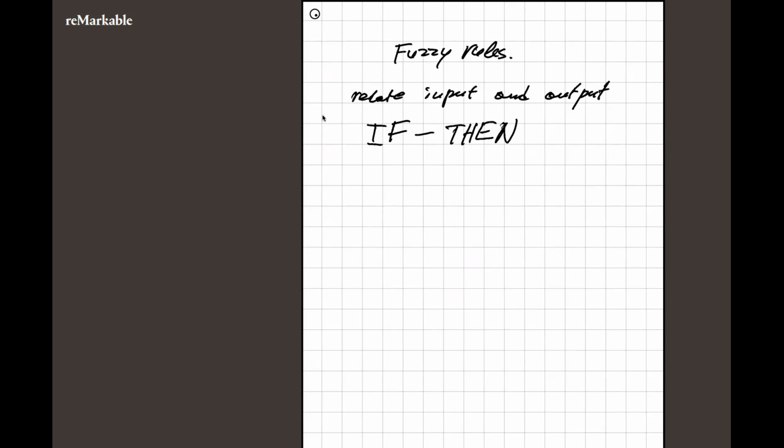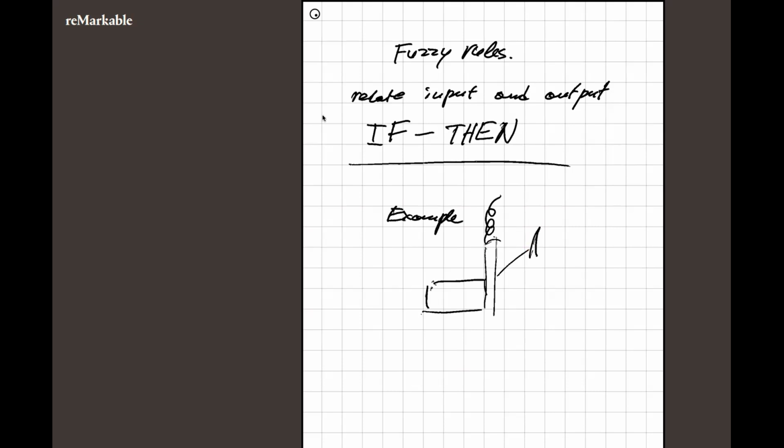Yes, so it is this kind of rules. It is the designer that actually creates them. For example, again, let's take an example. So we have, say, a steam turbine, so steam that produces electricity.